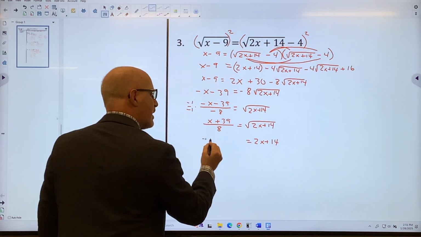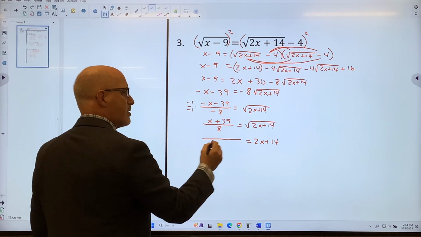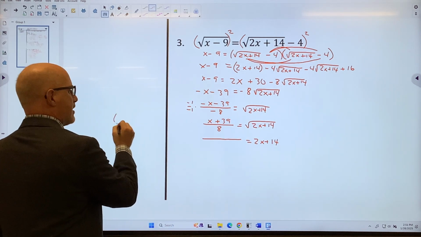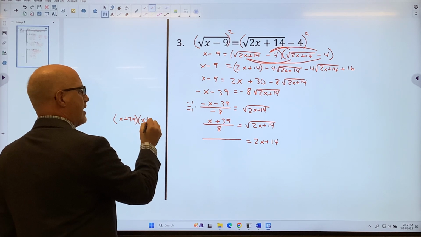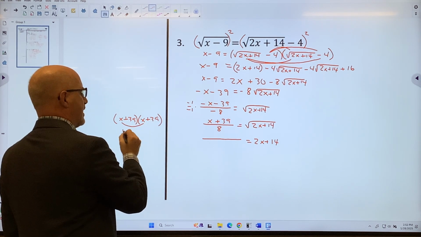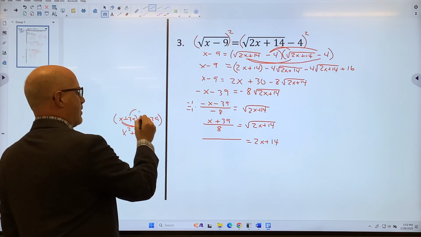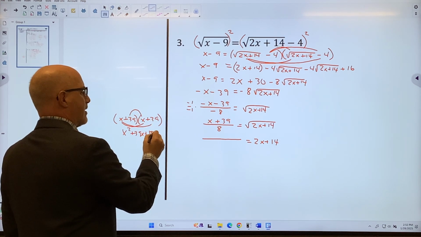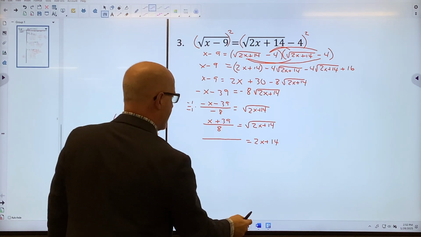Over here, I square the numerator, and this is going to be like doing x plus 39 times x plus 39. Let's go ahead and do that. I'm going to multiply x and x. I get x squared plus 39x plus 39x. And then plus, I need to do 39 times 39.